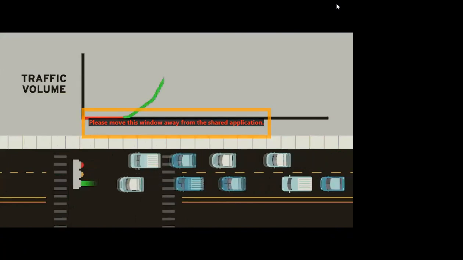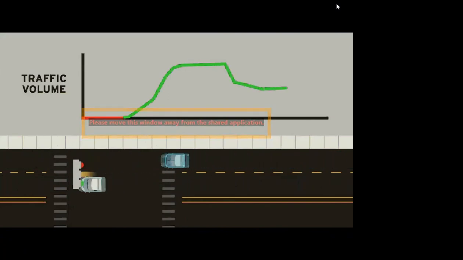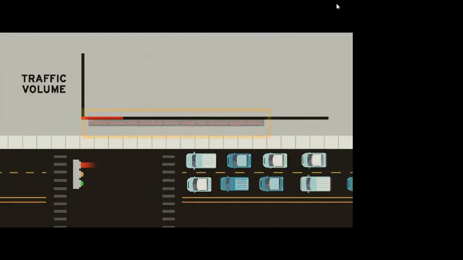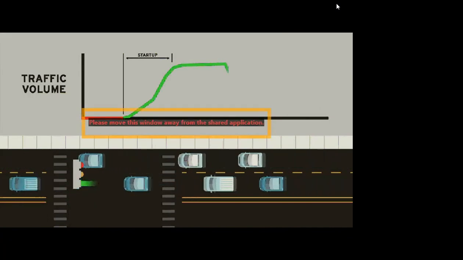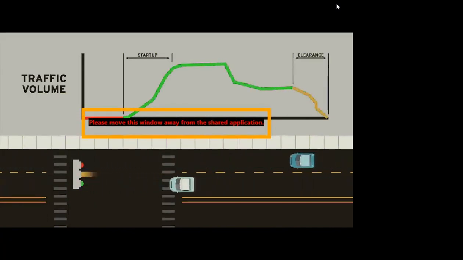Ideally, a green light should last at least long enough to clear the queue that built up during the red light. This isn't always possible, especially during peak times on busy intersections. In these cases where the intersection is saturated, the green light might be extended for each phase to minimize the startup and clearance times, which are periods when the intersection isn't being utilized to its maximum capacity.